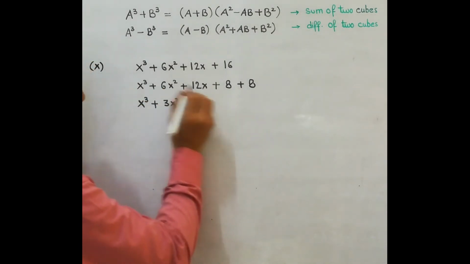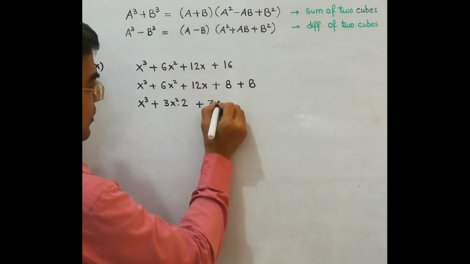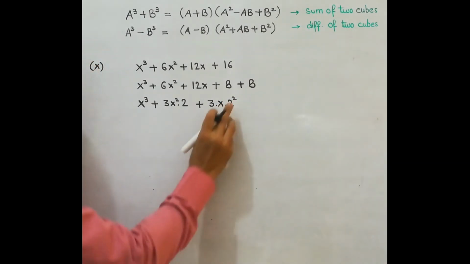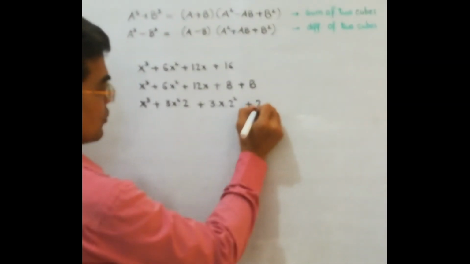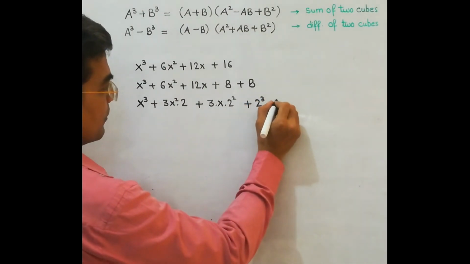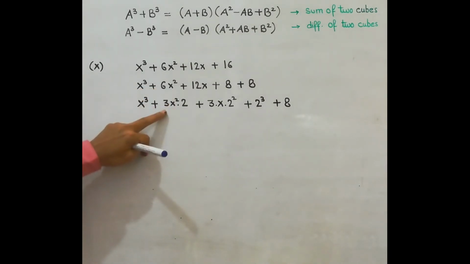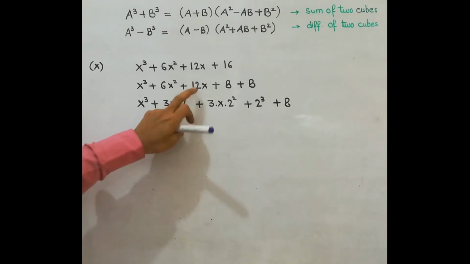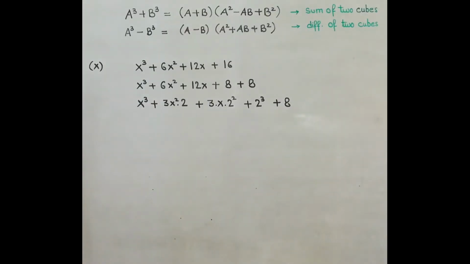Now see how I will write 12. 3 into x into 2 square. 2 square is 4, 4 3s are 12, plus 2 cube, plus 8. Just see the system. x cube, 6x square can be written like this, 3x square into 2, 12x can be written as 3 into x into 2 square, 8 as 2 cube.